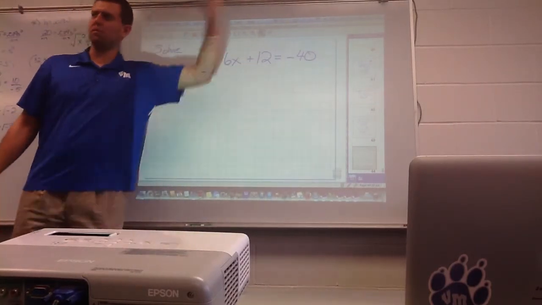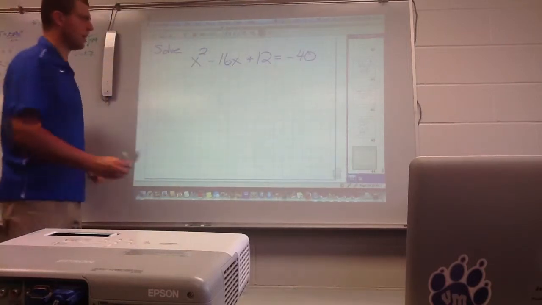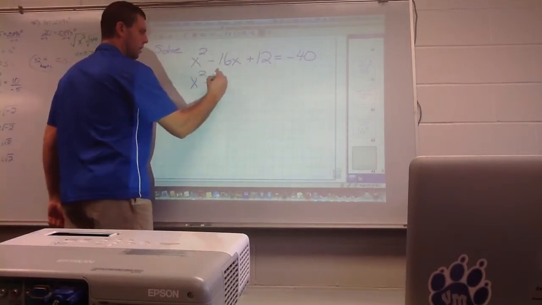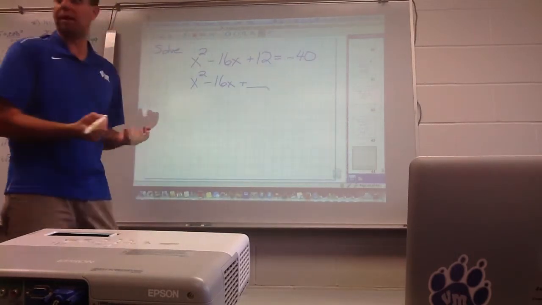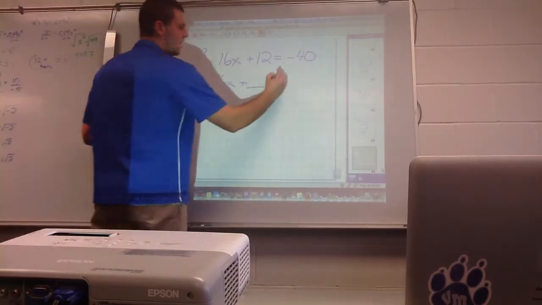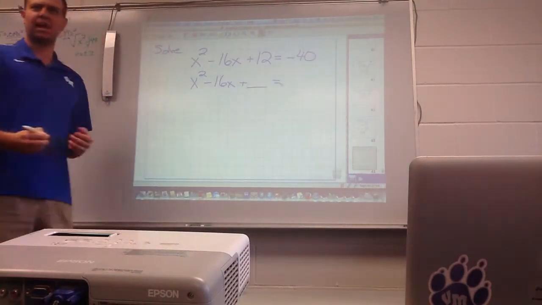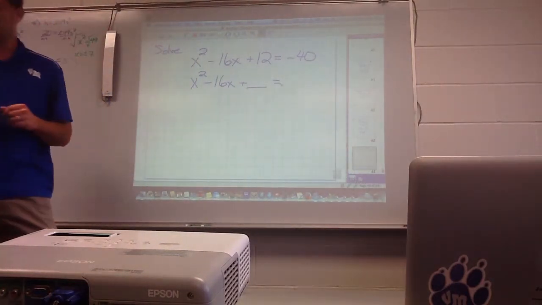Is this 12 the right number? Nope, let's move it. Alright, let's move the 12 over to the other side. Now I got x squared minus 16x. I like putting the plus blank in there because I know I'm going to put a number in there to make it a perfect square. And if I subtract 12 from both sides, I have what over on the right side? Negative 52.